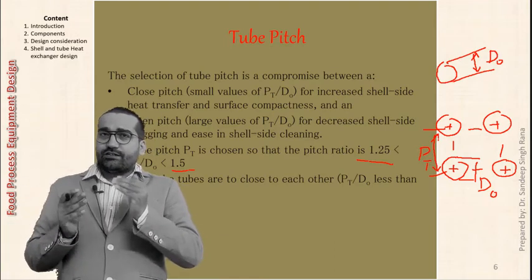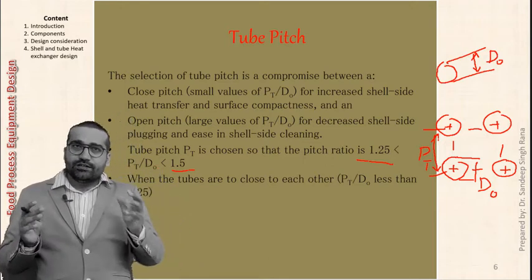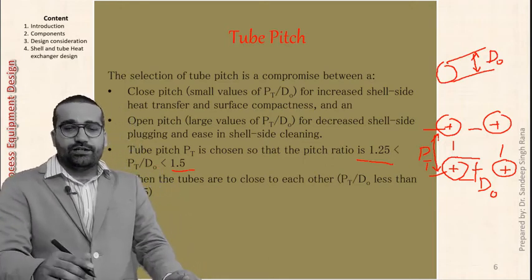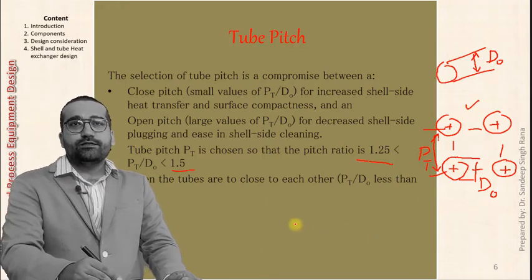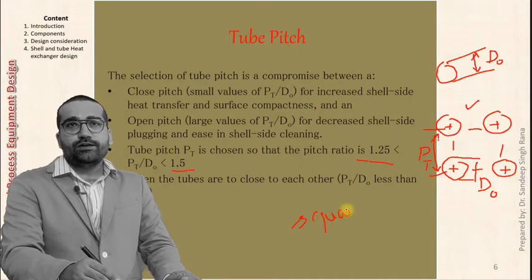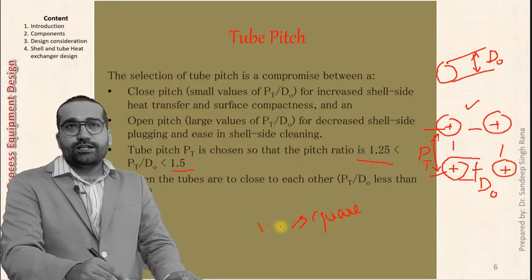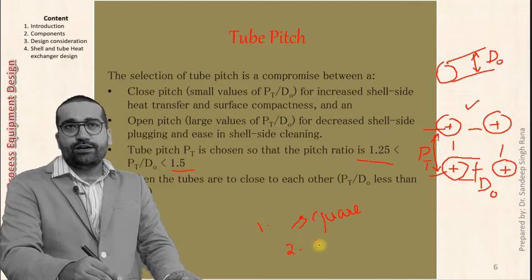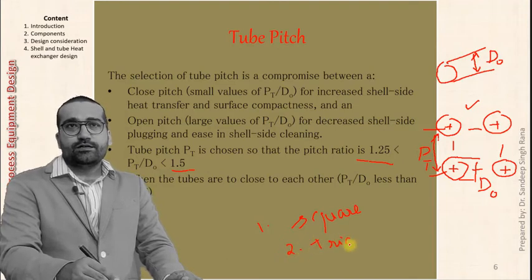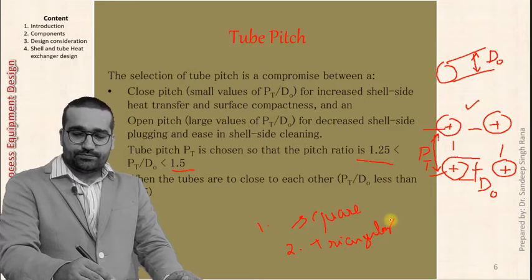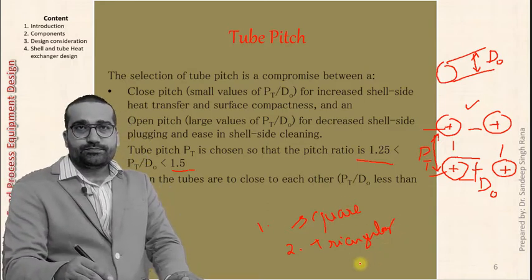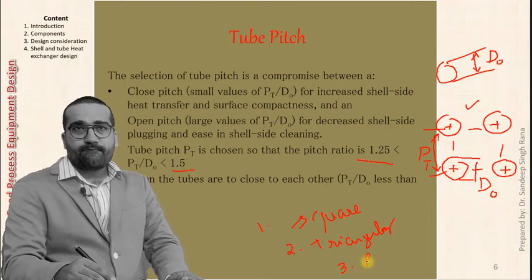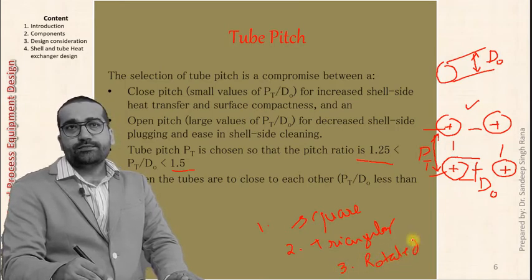The general arrangements we put inside a shell and tube heat exchanger are, first, square, which we have already seen. Second is triangular. And the third one is rotated square.